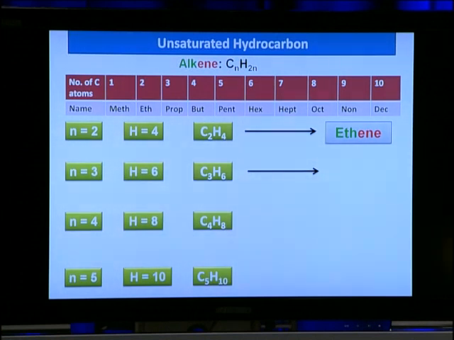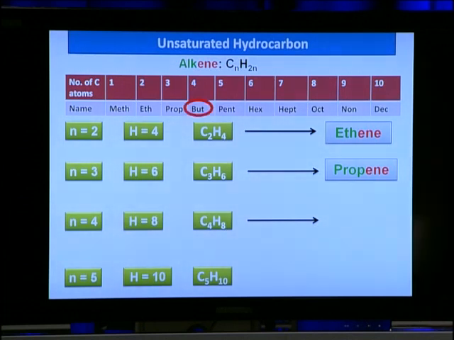Then the compound C3H6 has three carbon atoms. We give the prefix prop and then add ene, it becomes propene. The compound C4H8 has four carbon atoms. So what do you expect the prefix to be? But, and then we add ene, it becomes butene.